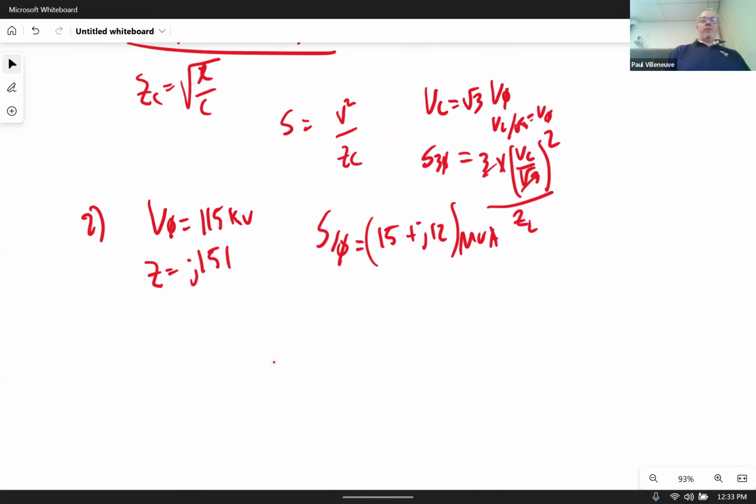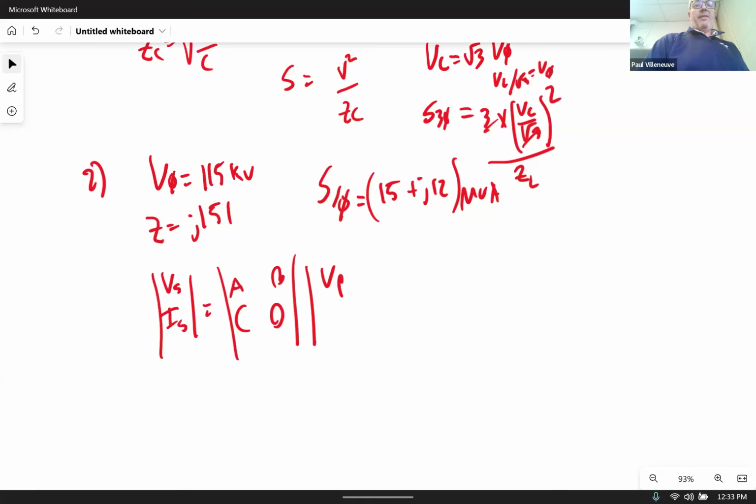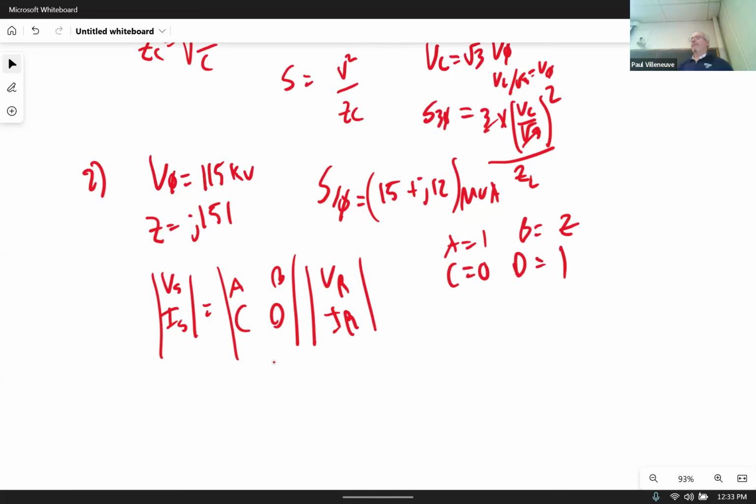So you could do this a bunch of different ways. You could certainly set up your ABCD parameters. VS, IS equals A, B, C, D times VR, IR, where A is equal to 1 because it's a short line, B is equal to Z, C is equal to 0, and D is equal to 1, right?